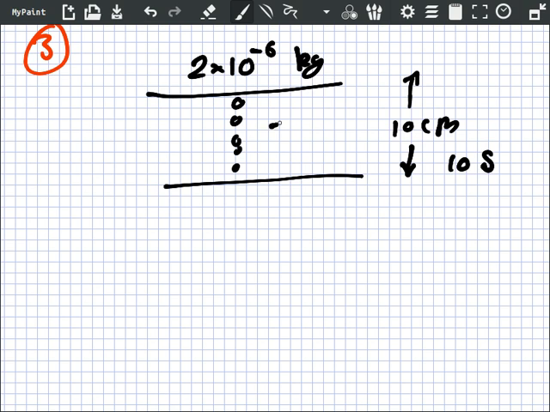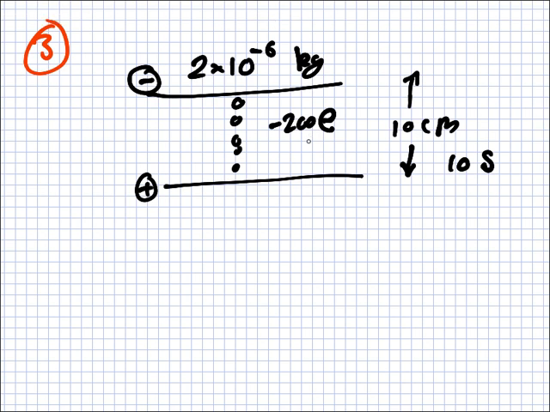And the charge was minus 200 E. Now, I didn't say this in the question, but the top plate is negative and the bottom is positive because I need this to fall down. Oh no, sorry, I'm so sorry. It has to be this way.